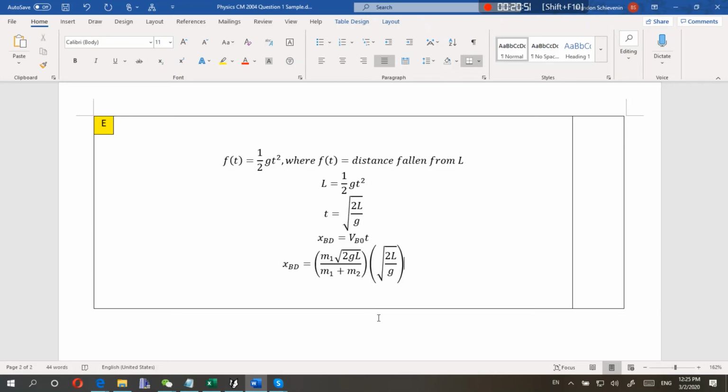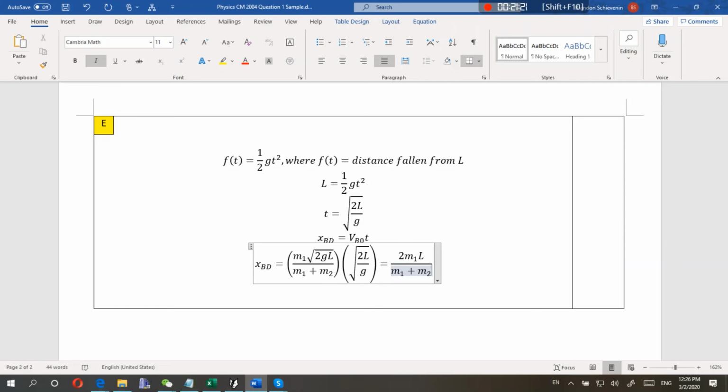Root g. Okay, the root g's will cancel. What else? 2. Root 2 becomes 2, and then it's L, so it's M1 2L over M1 plus M2. Okay, that's good. So that's our displacement from B to D.